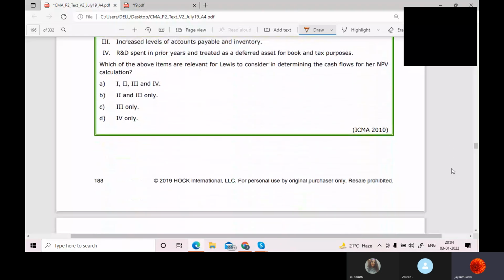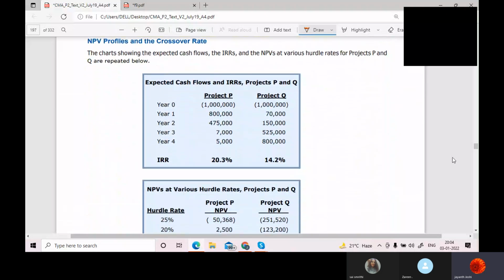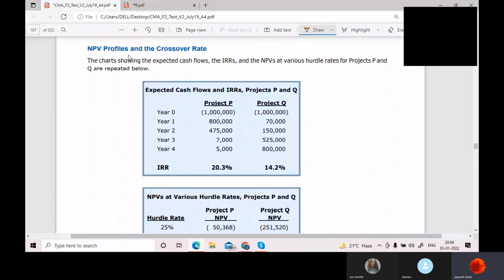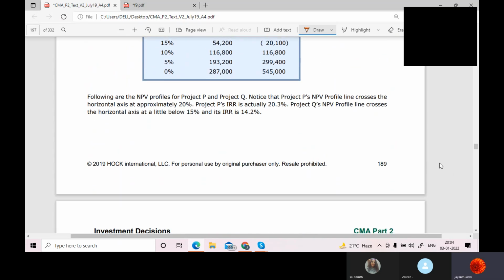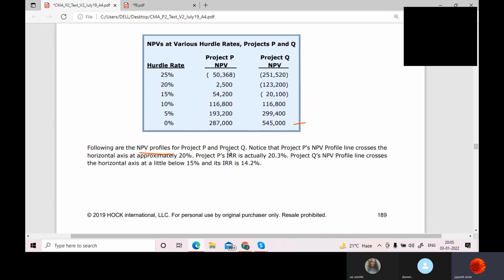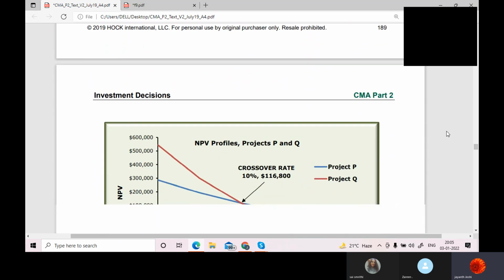So here when we see the crossover rate, NPV profiles on the crossover rate, same question, same values. So following are the NPV profiles for project P and project Q. Notice that project P's NPV profile line crosses the horizontal axis at approximately 20%.